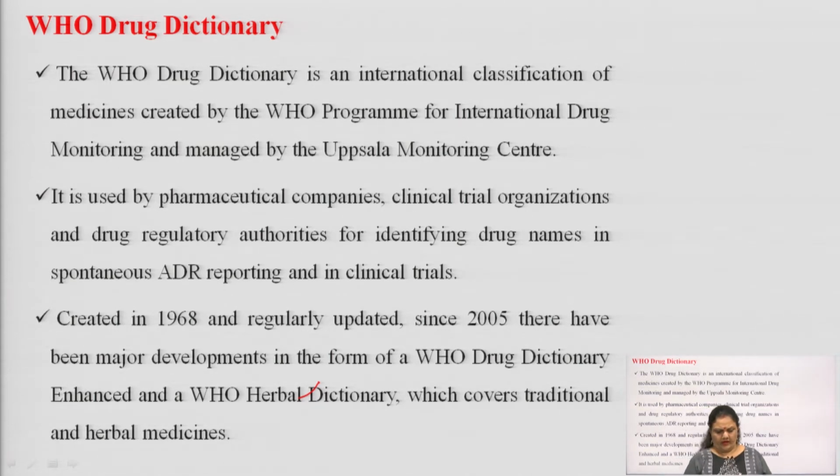International drug monitoring means, students, we have a range of drugs for our body which is differentiated by system depending upon the therapeutic class and the chemical nature of the drug. You have studied this in the ATC classification of drugs as well as of diseases. So, the WHO annually runs a program for international drug monitoring.